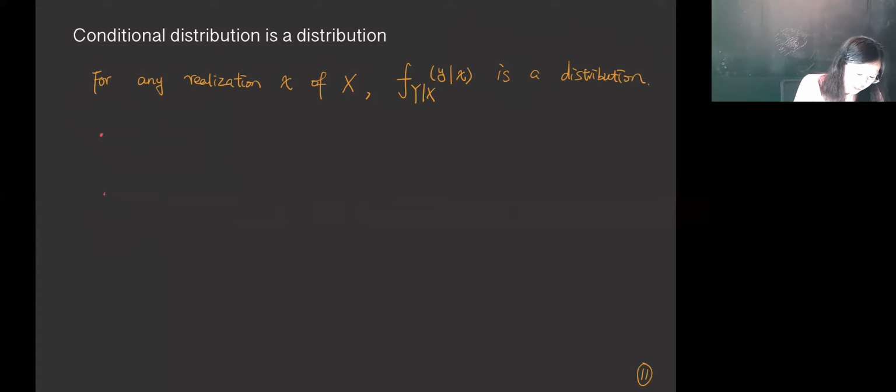So it satisfies the requirements for distribution functions. So f of y given x at any y value is non-negative. And it also satisfies that the sum over little y, over all the possible values that y can take, of the conditional PMF equals 1.